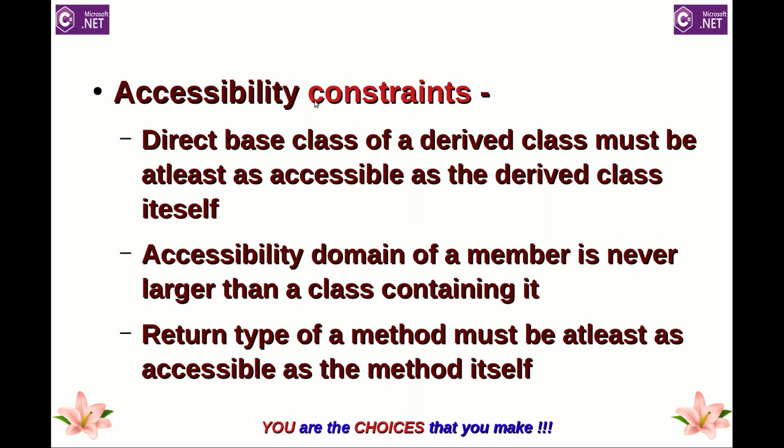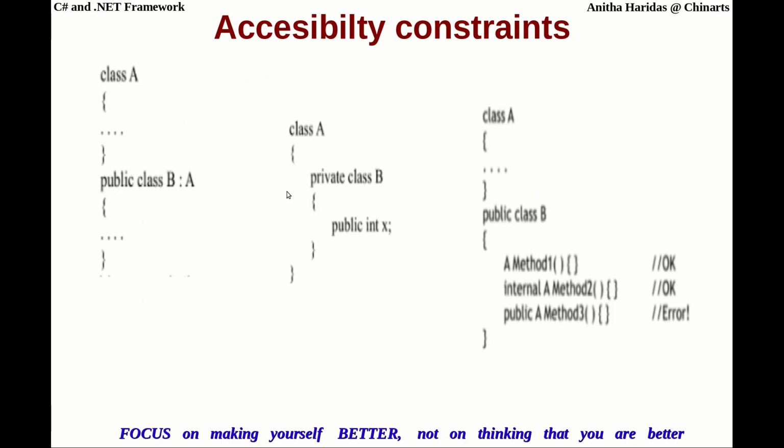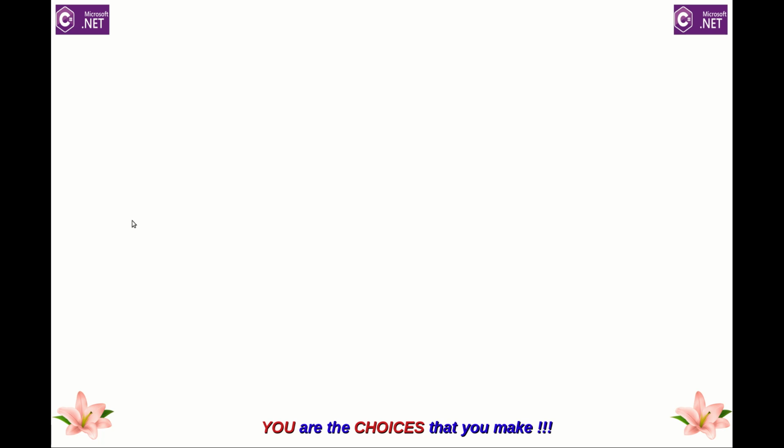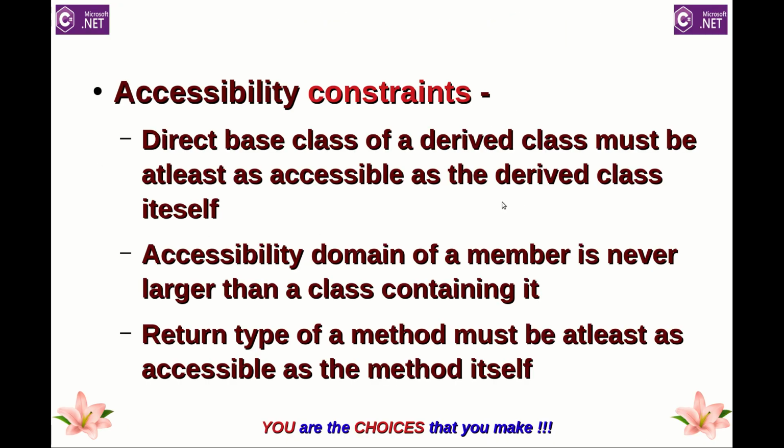That is what this particular point says. The direct base class of a derived class must be at least as accessible as the derived class itself. Then, the accessibility domain of a member is never larger than that of the class containing itself.